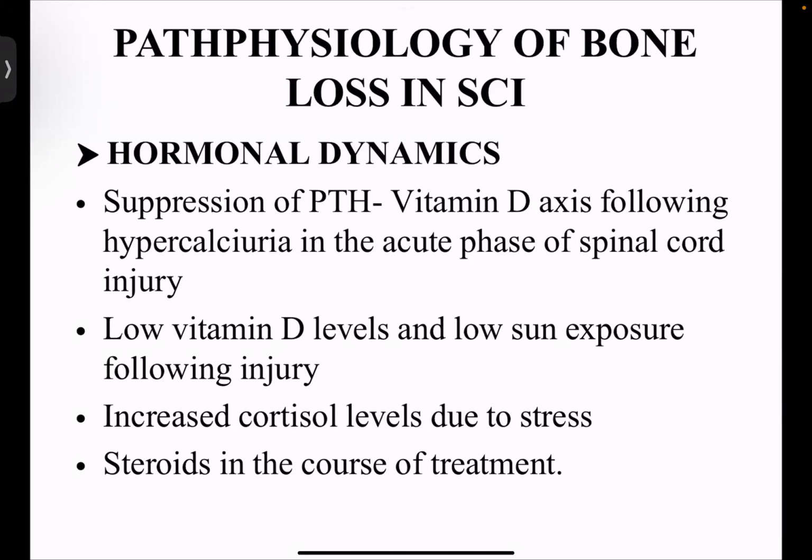So there is hypercalcemia as well as hypercalciuria that suppress the parathormone level, and there is reduced bone modeling. The second factor is low vitamin D levels because of reduced sun exposure following the injury, and increased cortisol levels due to stress. Sometimes post spinal injury, steroids are also used during the course of treatment.